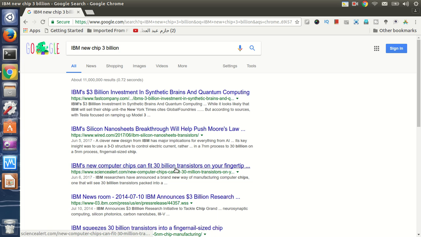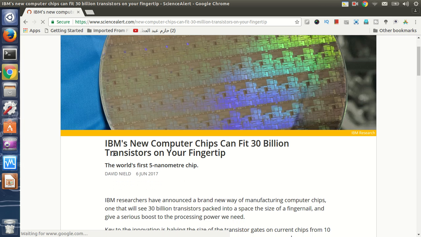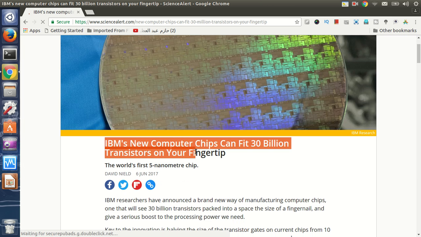A new computer chip can fit 30 billion transistors on your fingertip.